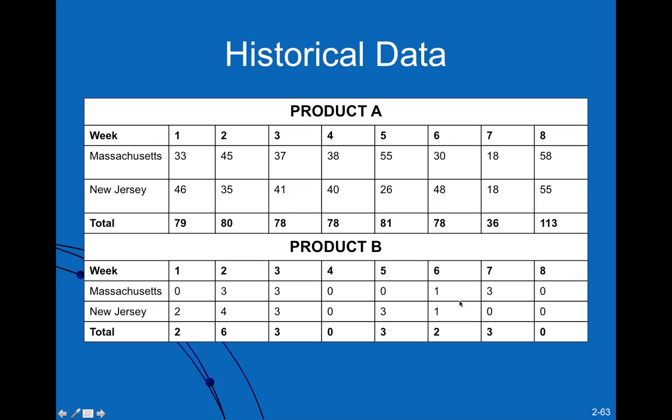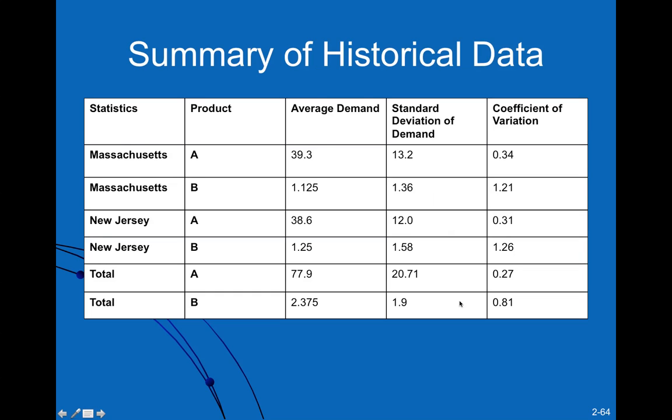We could take each of those and compute the average demand at that location, the standard deviation of the demand, and the coefficient of variation. Remember, the coefficient of variation expresses the standard deviation as a fraction of the mean. So when we explore that, we see the relative variation. Product B has quite a bit of variation in both locations, relative to the mean.